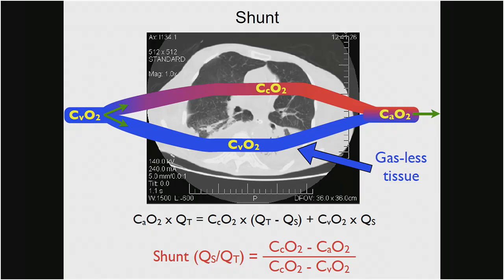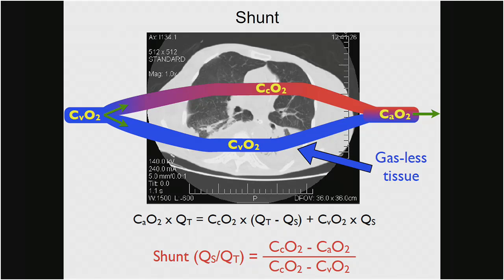Okay, so in this slide, you see a picture of a CT of a patient with ARDS. You can see at the bases that there are some areas of consolidation, and in the cartoon, the venous blood going through the lower zones remains with the same oxygen content, okay?